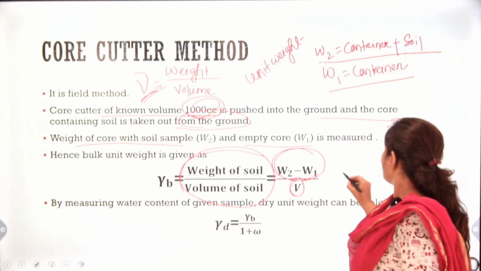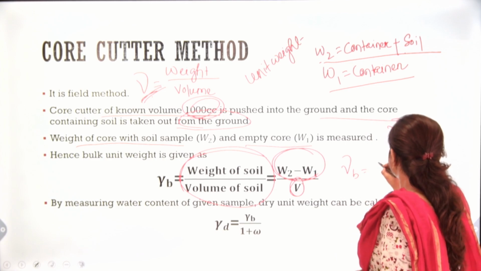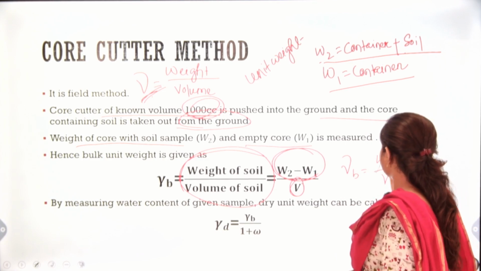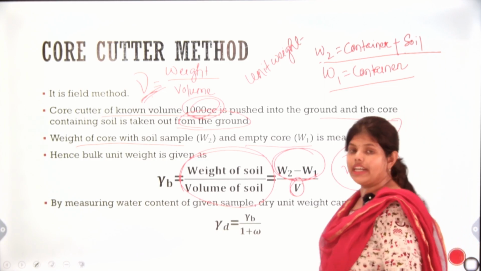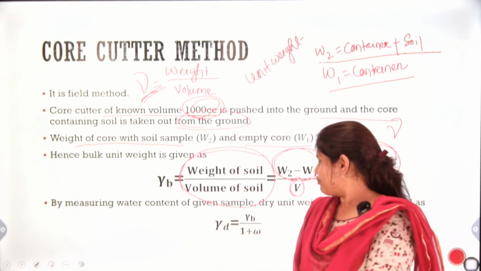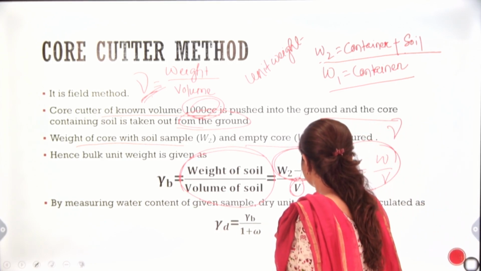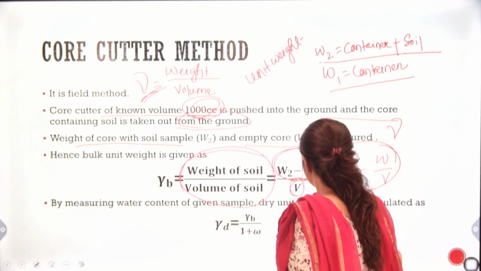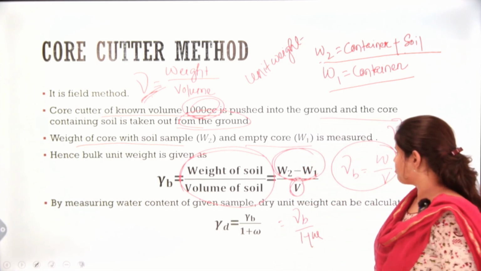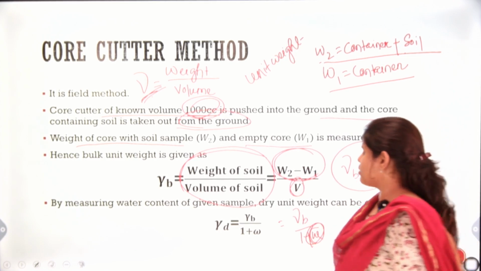Here we have gamma B, that is gamma bulk, W upon V. So we get the value for gamma bulk. What will be gamma dry? Your gamma dry will be gamma bulk upon 1 plus omega, where omega is the water content of soil.